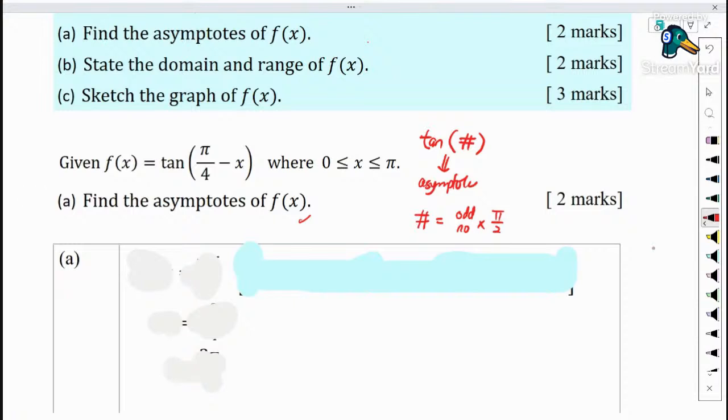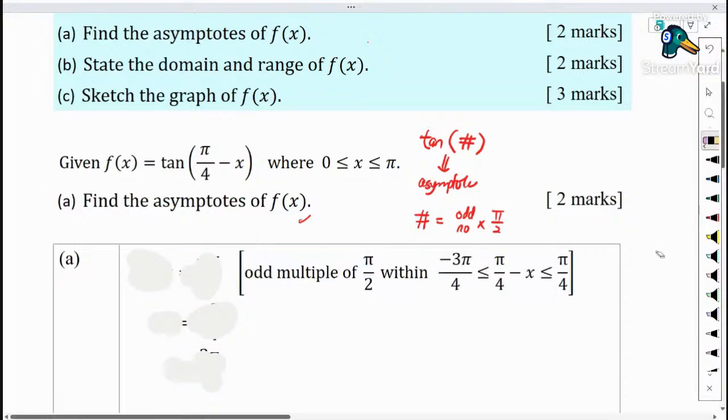This is how we get the answer, which is also written in this remark here, where we want the odd multiple of pi over 2. By right there are multiple answers, but let us see the restrictions that we have in this interval here.